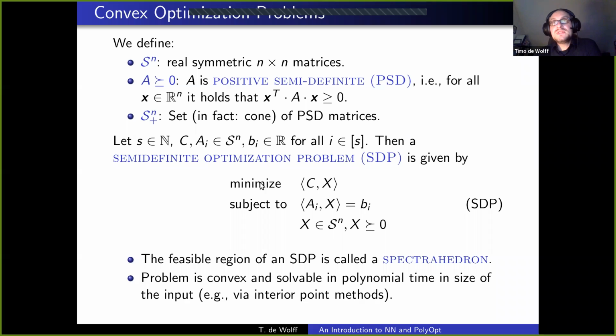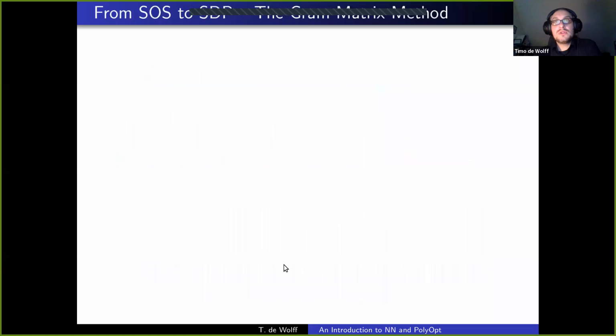And it turns out that these semi-definite programs are exactly what we need in order to detect sums of squares. As I said, it generalizes LPs. Okay, let's see how it goes, because when I first saw this, I understood the definition of an SDP, but I didn't see how it's related to sums of squares.